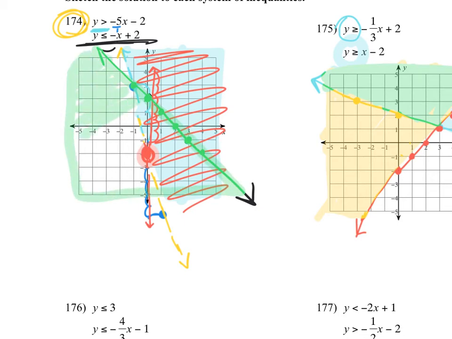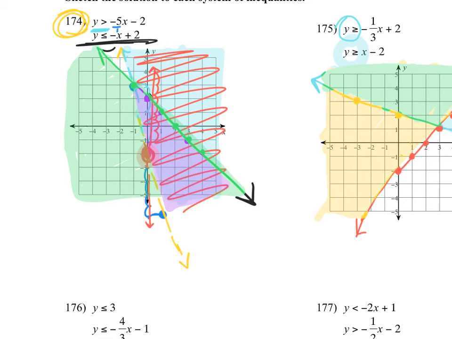Where are my y's less than? All right, right here. So essentially your mixed section in this particular problem should be, and I should make it purple, right about here. This will be the mixed section.